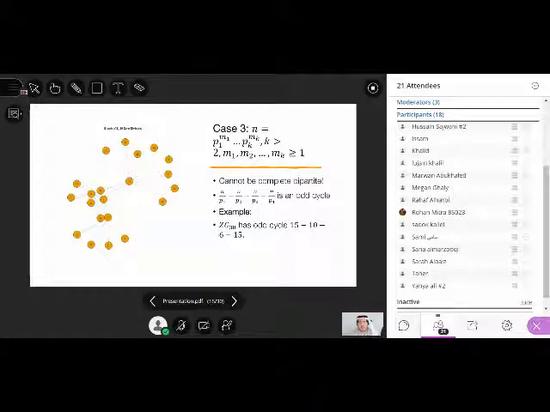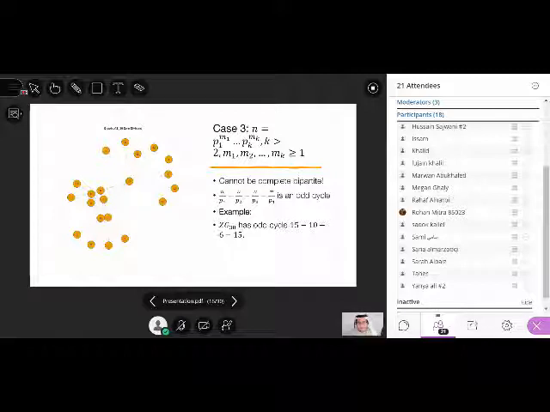Now, case 3. What if we have a multiple of at least 3 distinct primes, and each one has a power equal to or greater than 1? It cannot be complete bipartite. And again, same method, we prove the existence of an odd cycle. So for example, let's take P1, P2, P3, 3 distinct primes.